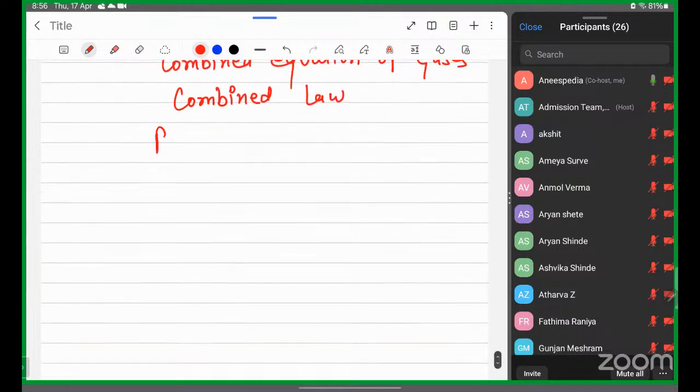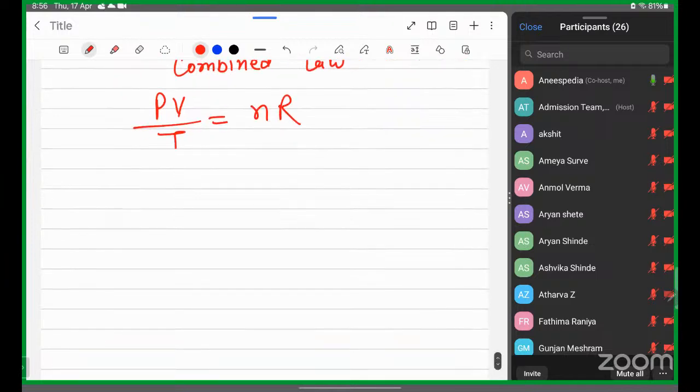In this case, we have PV by T equals nR, and if n and R are constant, let's say we are given a gas with a finite number of moles, R will be constant. So this relation can also be written as PV by T equals constant.